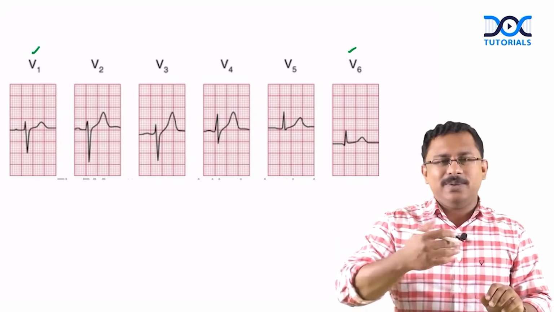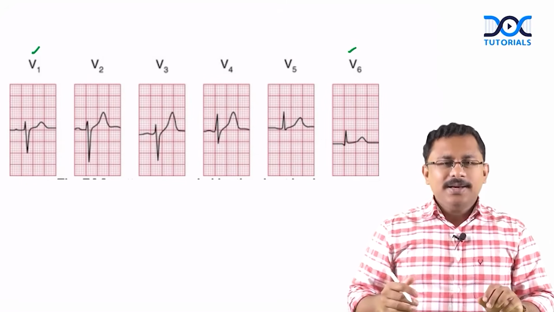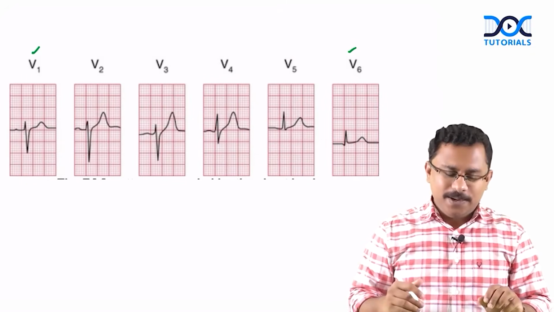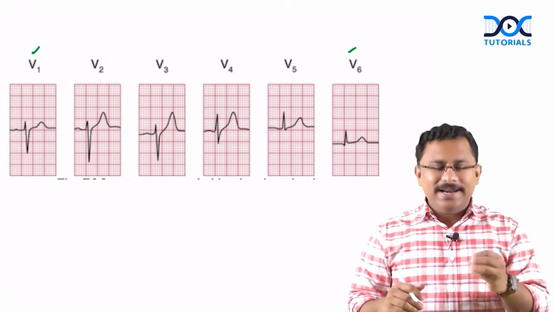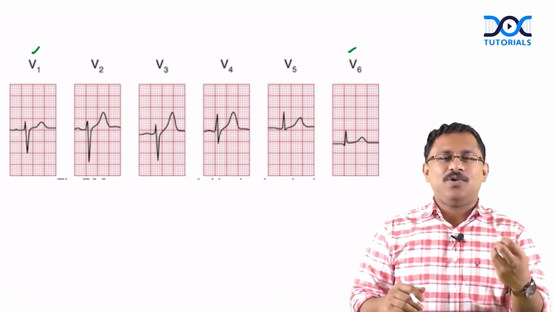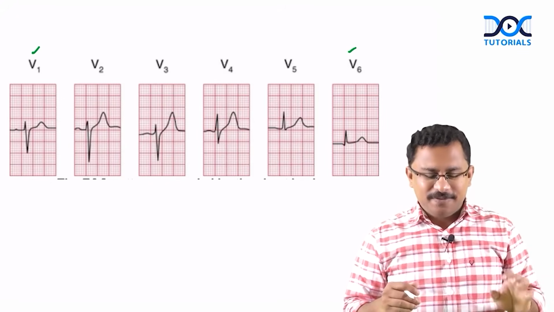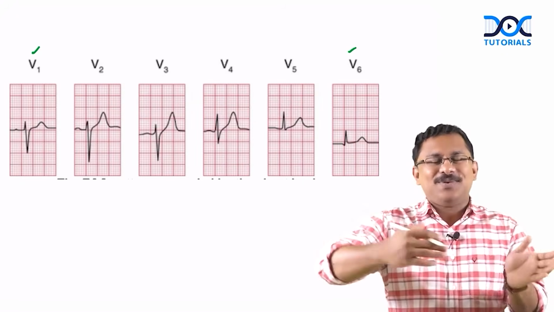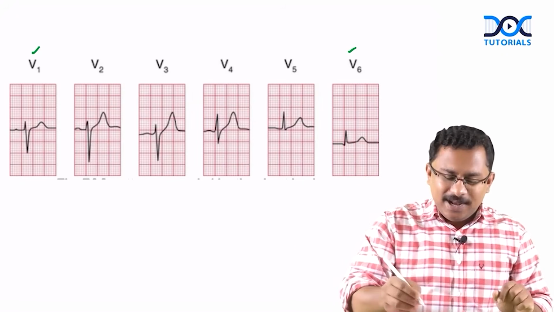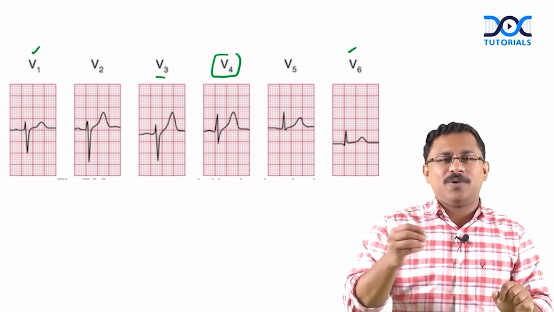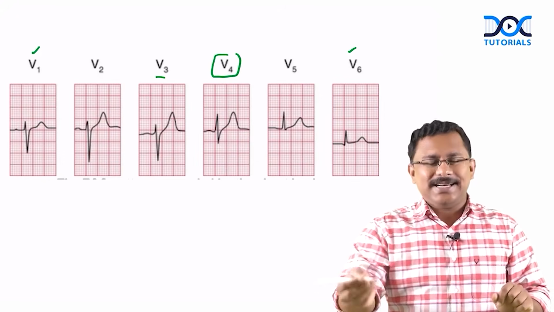Another point you have to note is that when you move from lead V1 in the direction of V6, the height of the R wave progressively increases. In V1, the depth of S is much more than the height of the R wave. But subsequently, as we move from V1 to V6, at around V3, V4, maybe in this ECG at around V4, there is a transition.